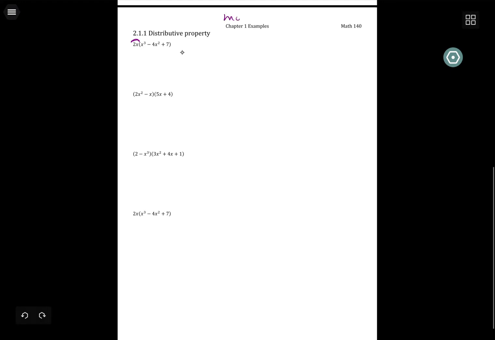So monomial is one term. Once you figure out the term part, they're pretty predictable. Binomial is 2 terms. And trinomial is 3 terms.